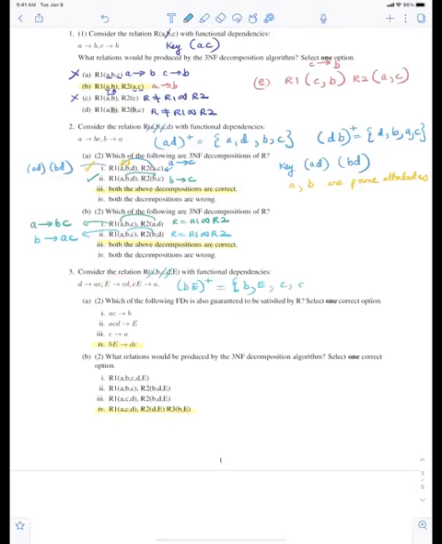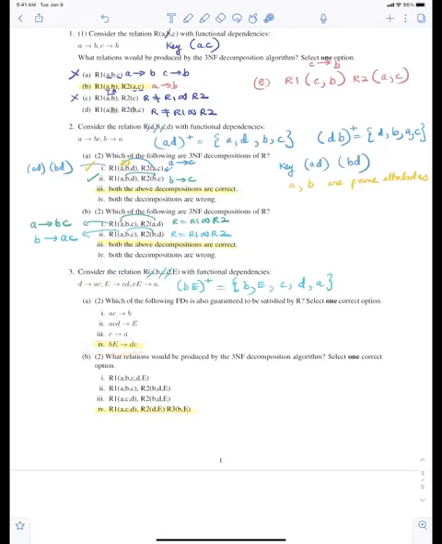So we have C and D. And then either we can look at D going to AC or we can look at CE going to A, so we can bring A down, which means that BE is a key. So in this case, since I'm asking you to mark only one correct option, you can just go down here and see BE is the key.